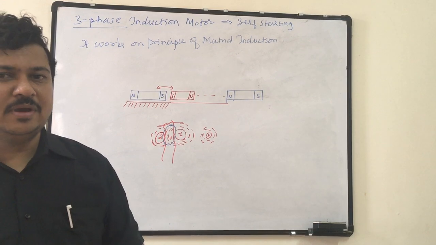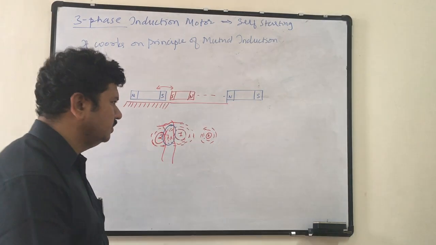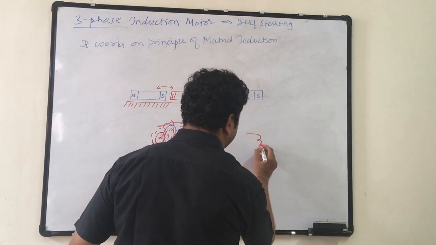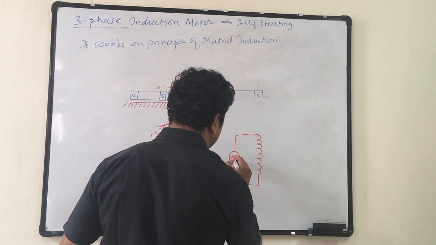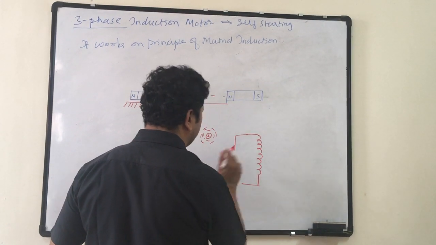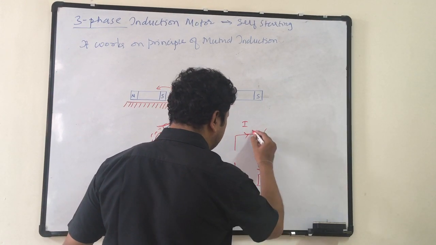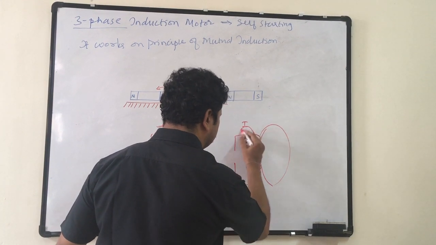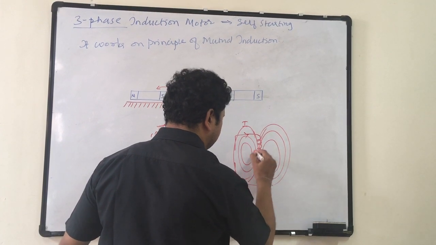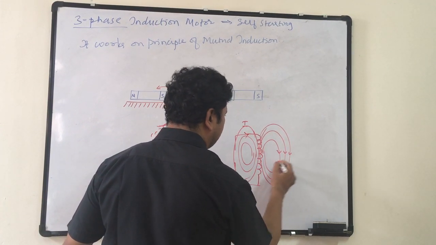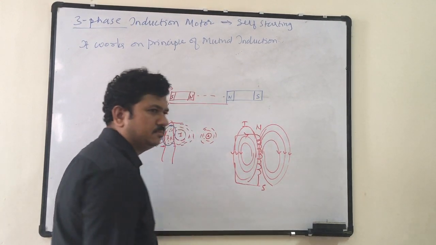What happens with electromagnets? You replace these two magnets with electromagnets. Now do one thing simple. You have one coil. You keep one coil, supply a current to it, either AC or DC, whatever. I will not mention what type of supply, I will simply mention current. Now surrounding this, there is a magnetic field. Depending upon the lines of flux, I decide this is the north pole and this is the south pole.